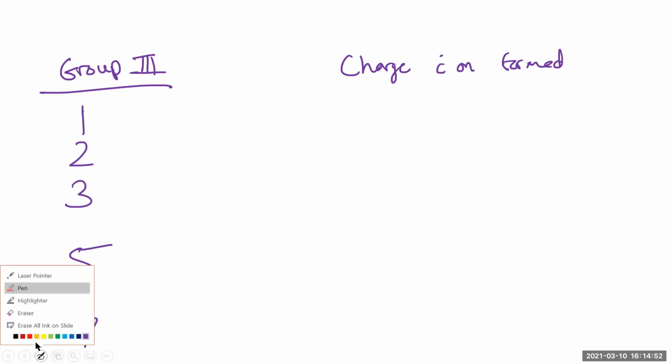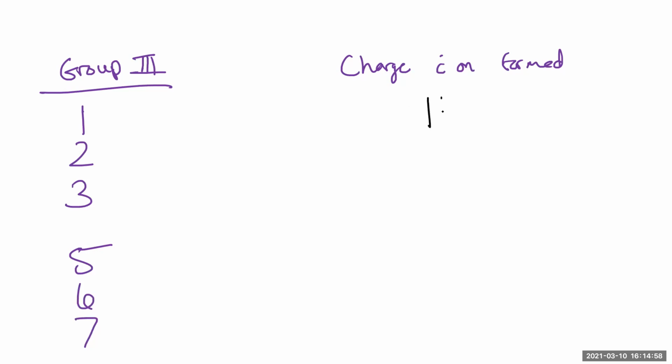And therefore, you'll see the following. Loss of an electron from group 1 means that the charge on that will be 1 plus. Group 2 loses 2. Group 2 therefore forms a 2 plus ion. Group 3 generally, for example, aluminum, 3 plus. Group 5 gains 3 electrons. Therefore, the charge will be 3 minus.